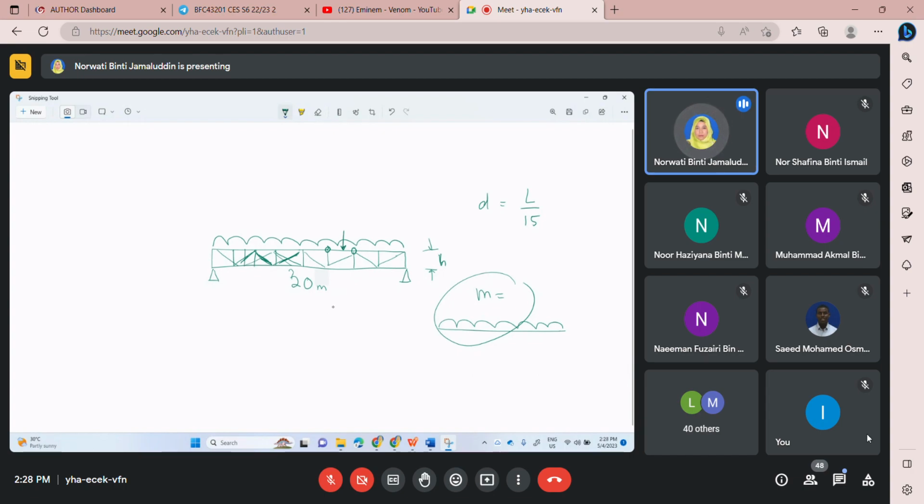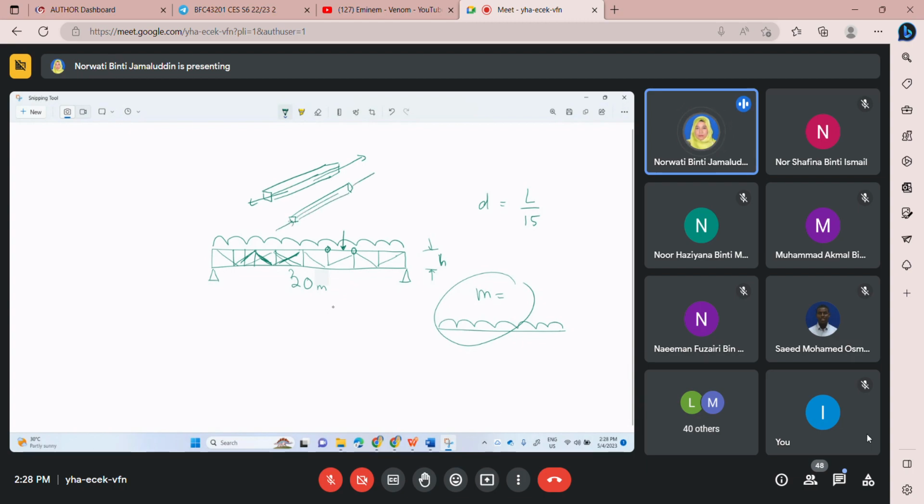The truss member you analyze, you know that they will carry internal force in the form of axial force. It can be the tension force, it can be the compression force, but it is axial force, daya paksi.